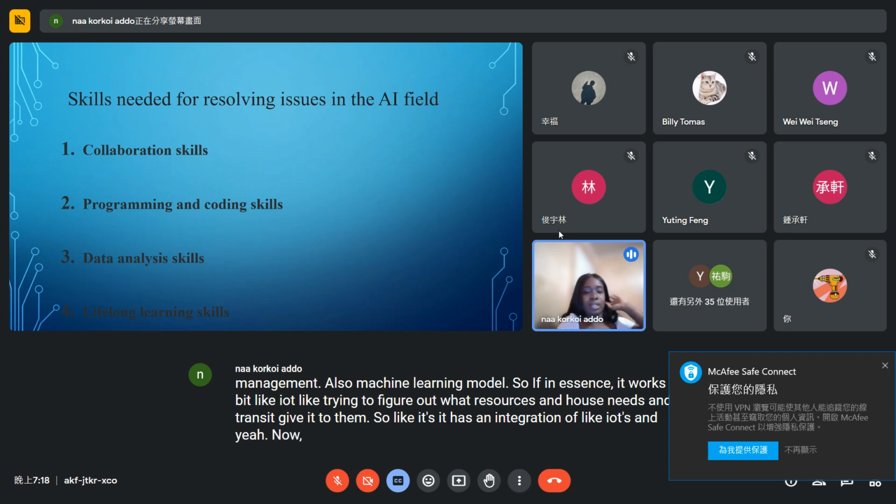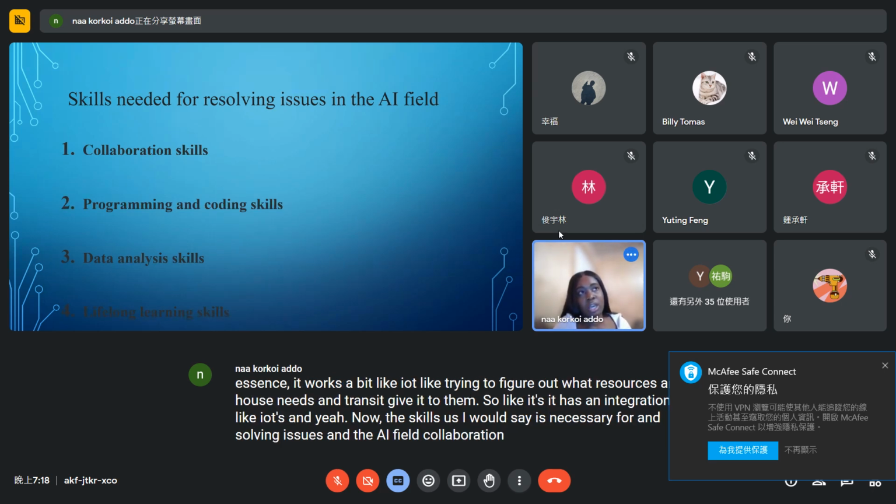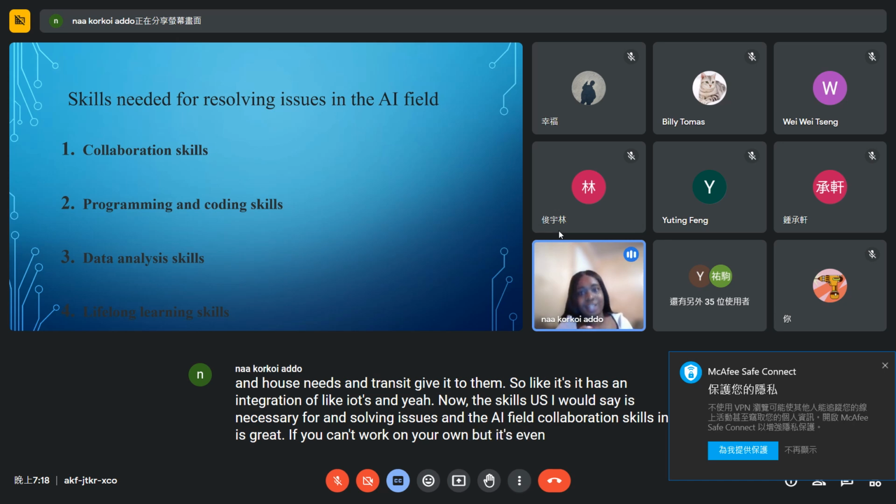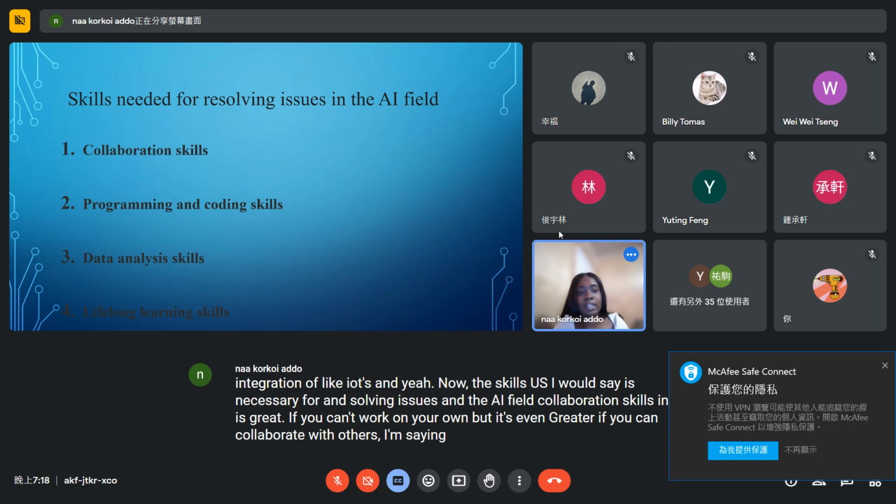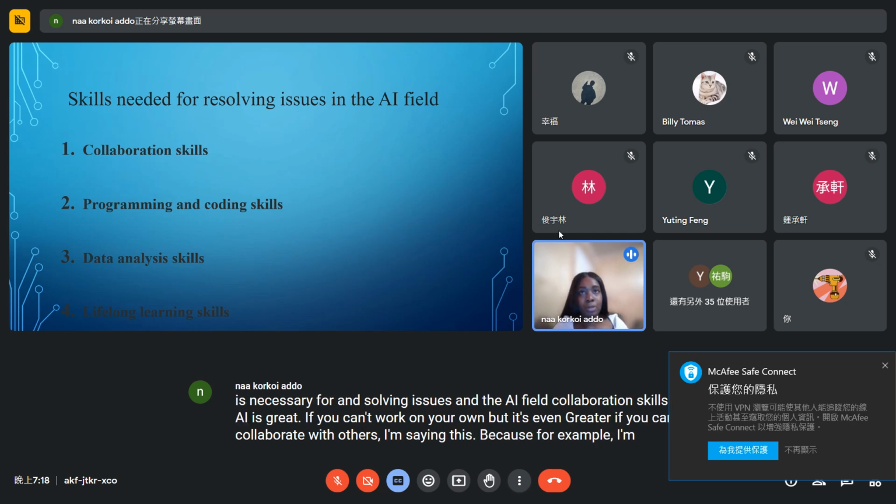Now, the skills that I would say are necessary for solving issues in the AI field are collaboration skills. In AI, it's great if you can work on your own, but it's even greater if you can collaborate with others. I'm saying this because, for example, I'm working on autonomous cars.